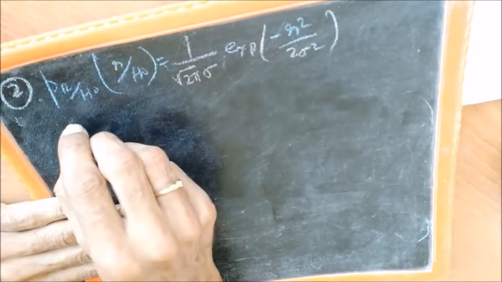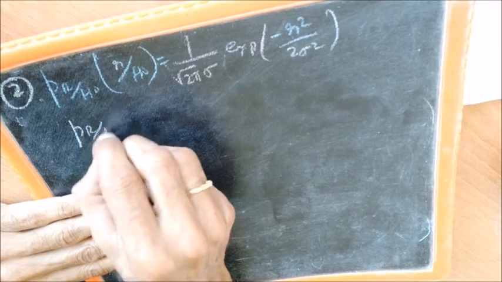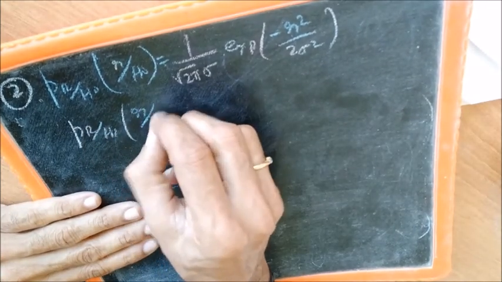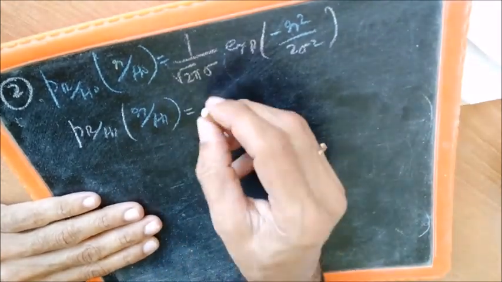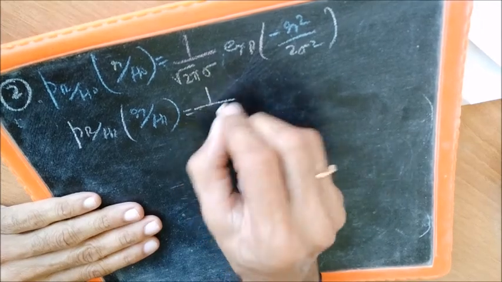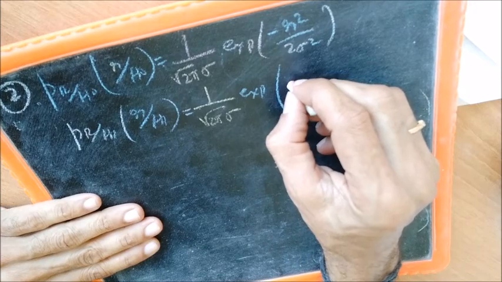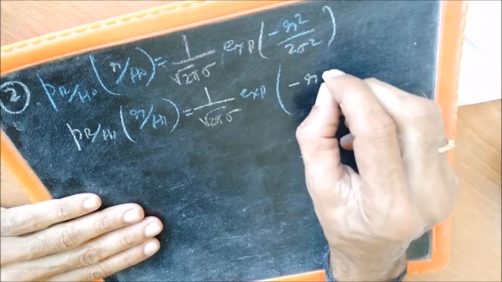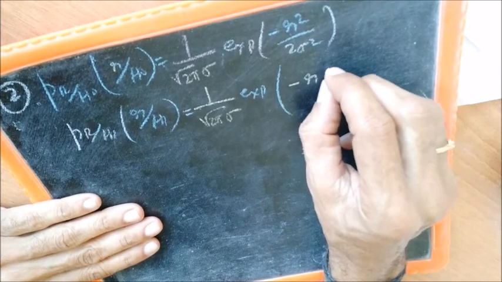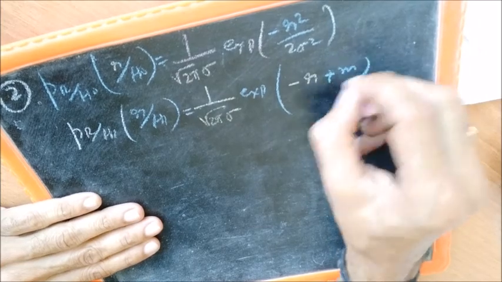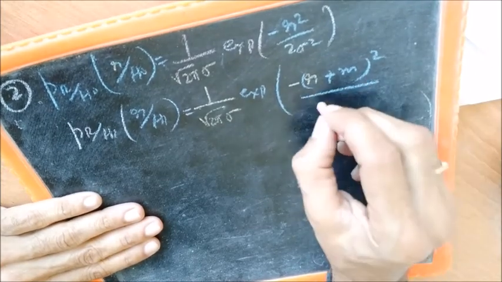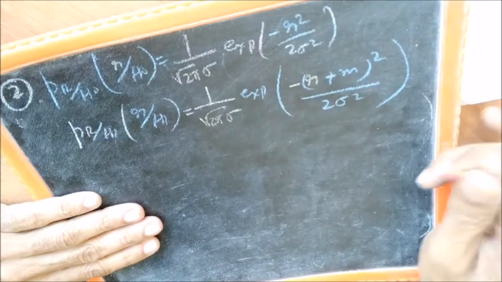That is PR given H0. And PR given H1 is equal to 1 by root of 2 pi sigma, e power minus (r plus m) square by 2 sigma square.